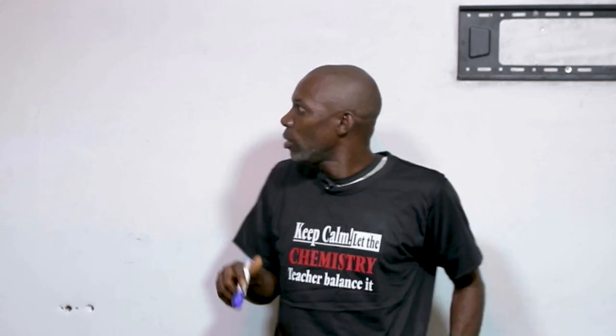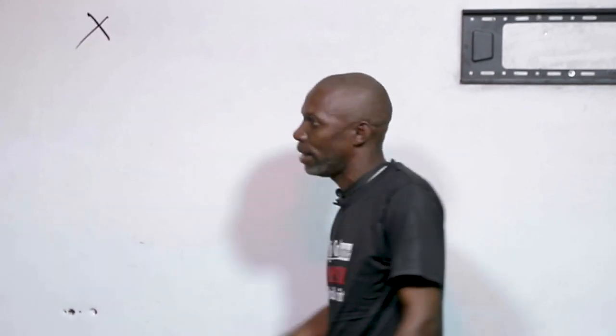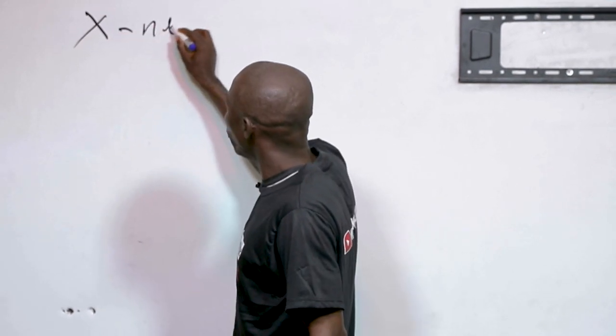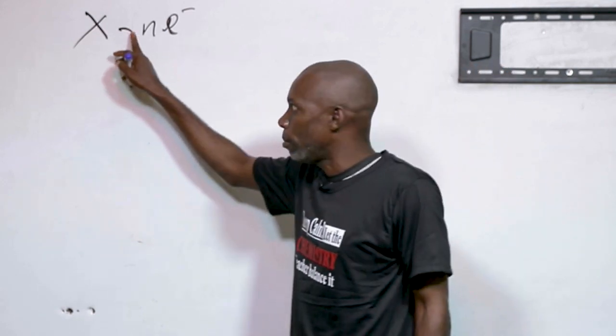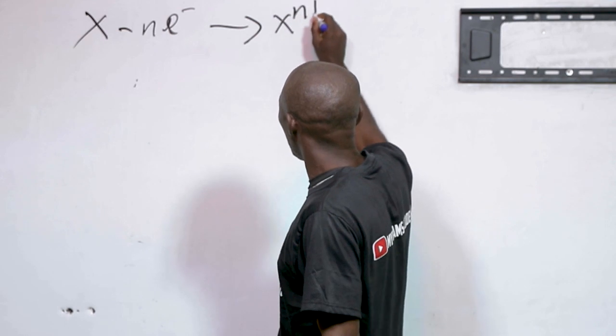When we are talking about ionization, it simply means when an atom loses an electron, it forms an ion. And a metal is an element that reacts by losing the electron. Which means if X represents an element and this represents the number of electrons that can be lost by an element, you are going to have it as positively charged.